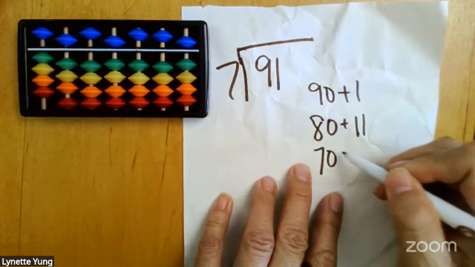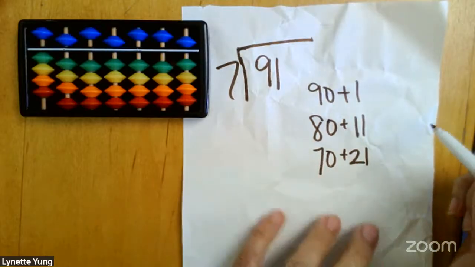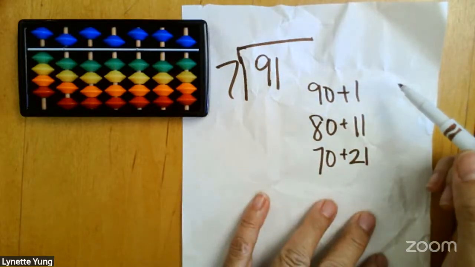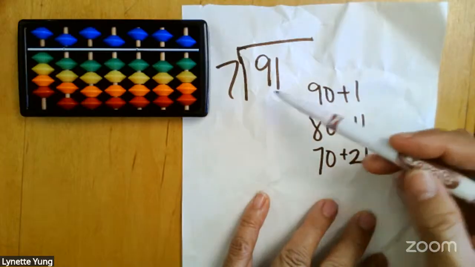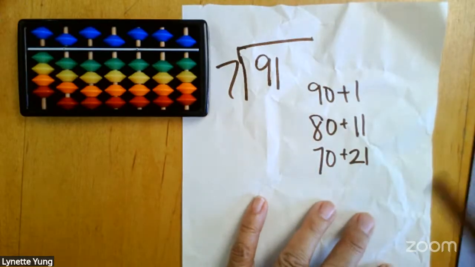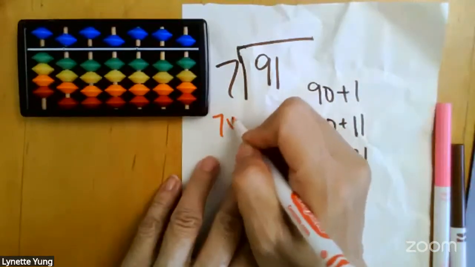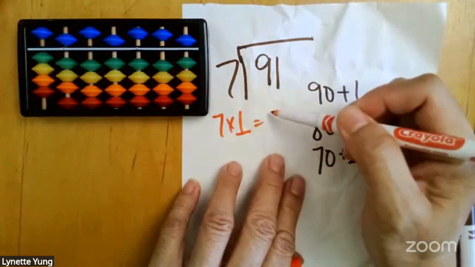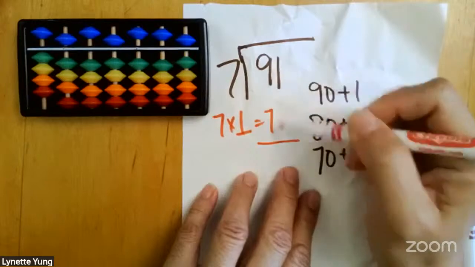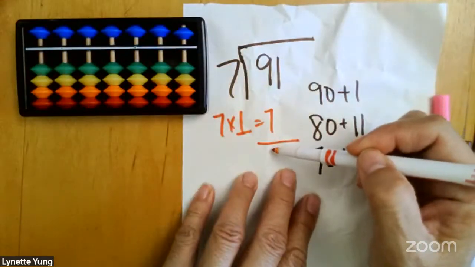Then he noticed 70 plus 21, that works. You could do that, but in the abacus, we don't do it that way. What we do in the abacus is, the first thing we do is we know 7 times what is equal to 9 or less. 7 times 1 is equal to 7. So then we're left with 2.